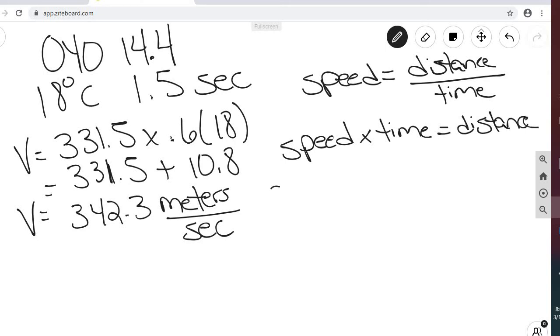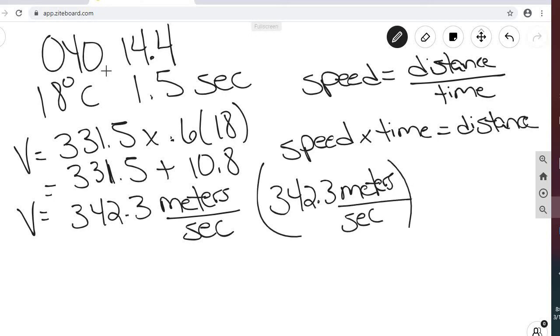Okay, so our speed was 342.3 meters per second. The time that we were given between the lightning and the thunder was 1.5 seconds. Okay, so our seconds are going to cancel, and we'll be left with a distance in meters.